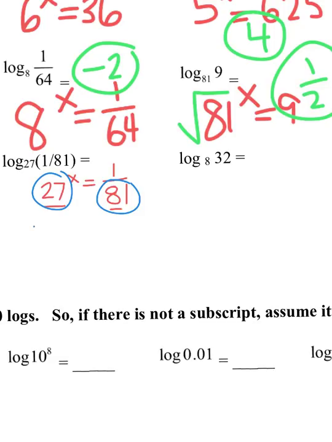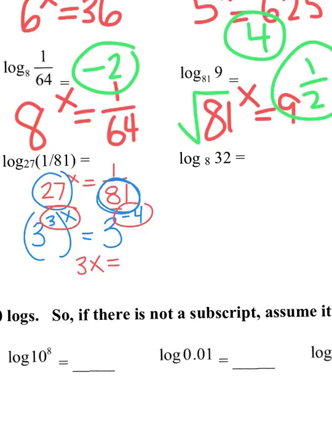The technique is to take 27 and write it as 3 cubed, to the x. Using properties of exponents, this hasn't changed anything. This is 27 to the x power equals, how do I write 1 over 81 as a power of 3? Well, 3 to the 4th is 81, so this is going to be 3 to the negative 4th power. Now I'm going to set these two equal. So I have 3x equals negative 4, so x is negative 4/3. I should just write it as negative 4/3 because there's really not an x in the problem.